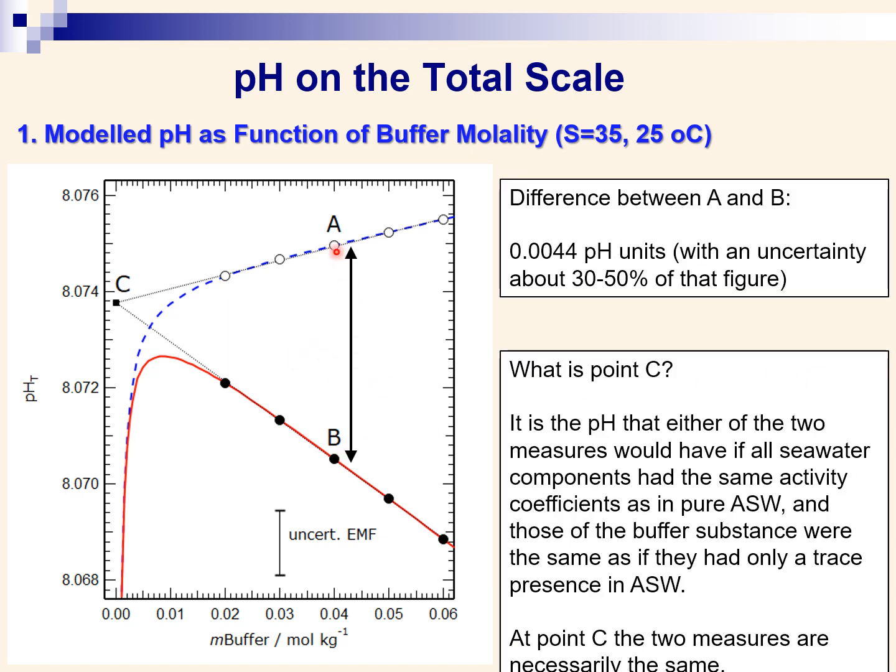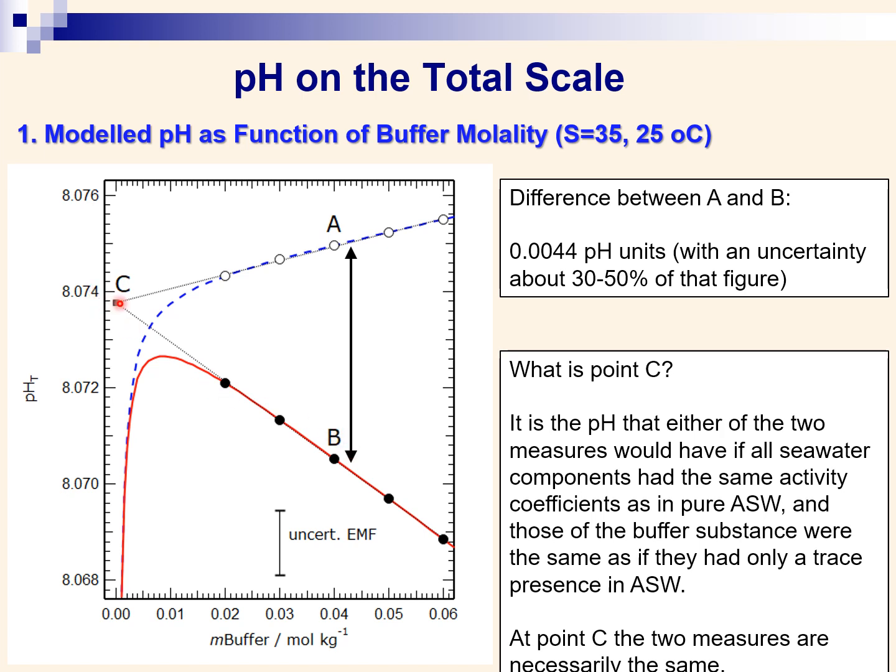And the difference between the operational here and thermodynamic here total pH is about 0.004 pH units at 25 centigrade. Now the uncertainty in that figure is currently about 30 to 50%, but we are working to improve it.